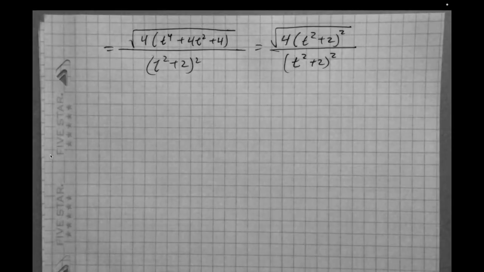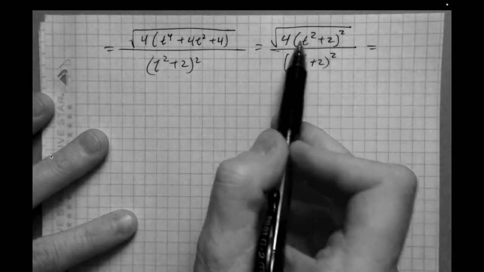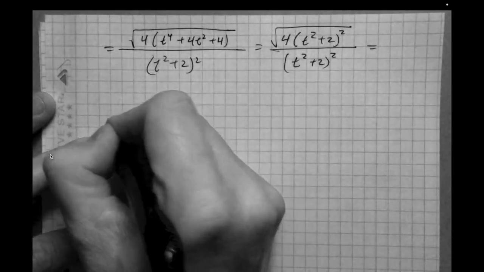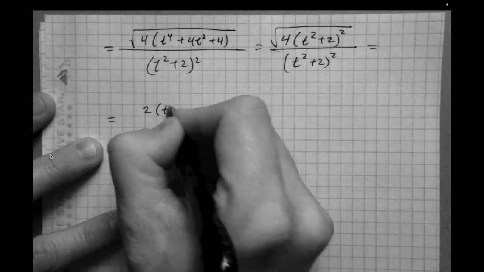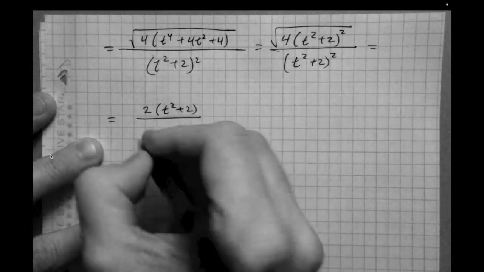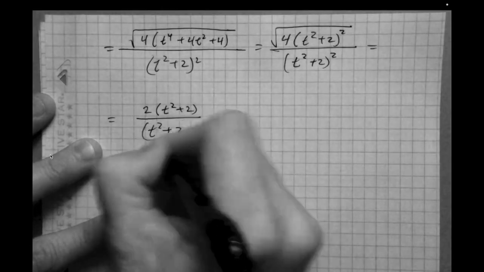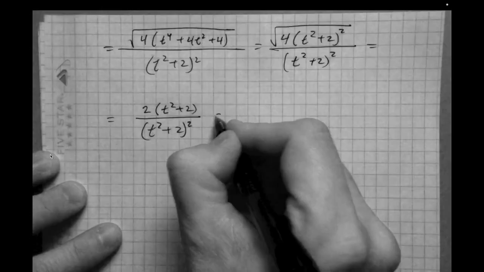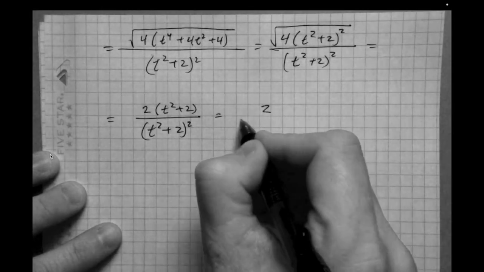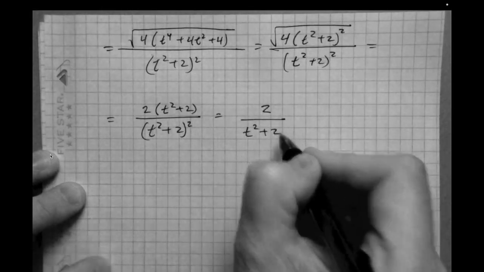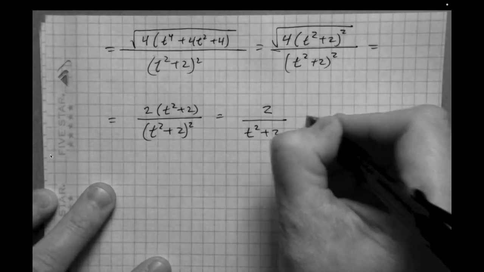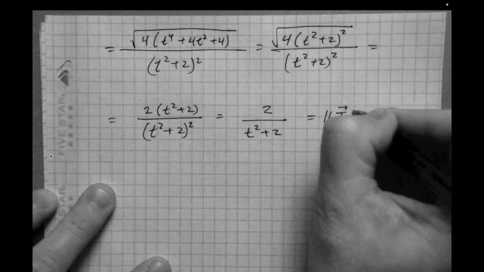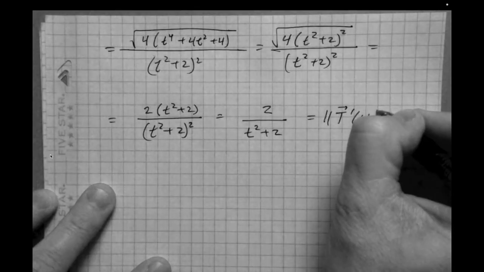And so what I can do here is I can remove the radical now and rewrite this as 2 times (t squared plus 2), and then that's all over (t squared plus 2) quantity squared. And of course I get the cancellation, and this will just be 2 over t squared plus 2. Okay, so this is the norm of the derivative of T.